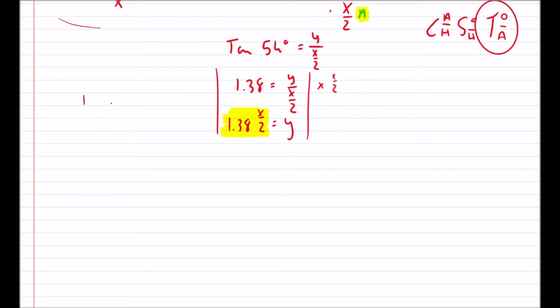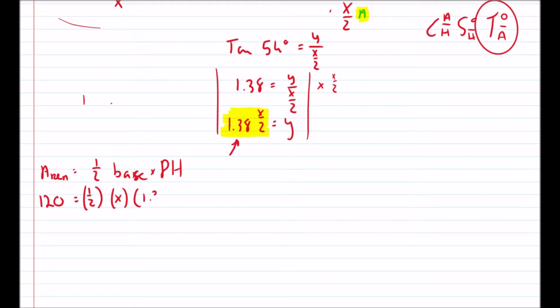Now I'm going to concentrate on my area. Remember, area of a triangle equals half the base multiplied by the perpendicular height. Well, I know what the area is, it's 120. Half the base is x, and the perpendicular height is this: 1.38 multiplied by x over 2.